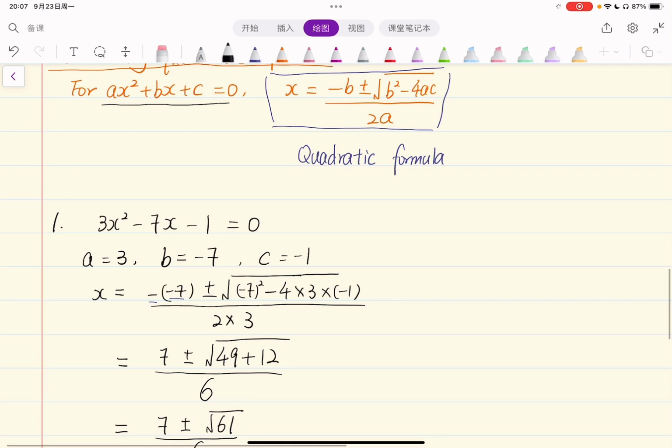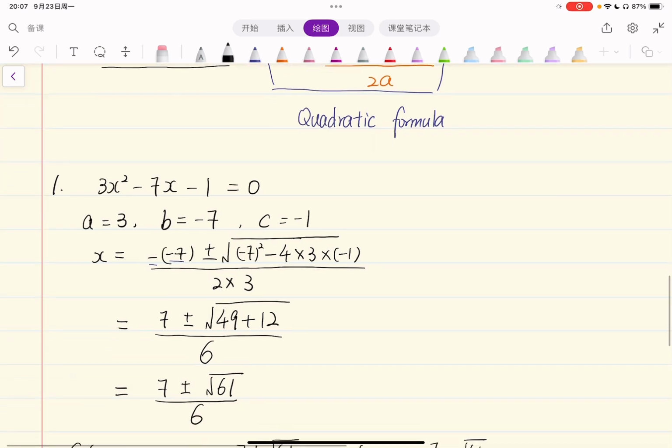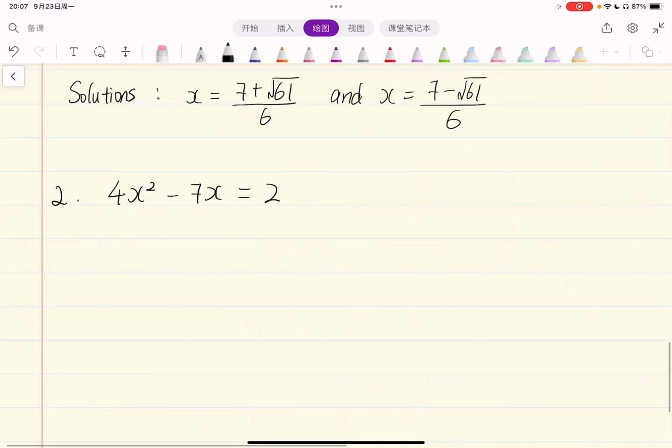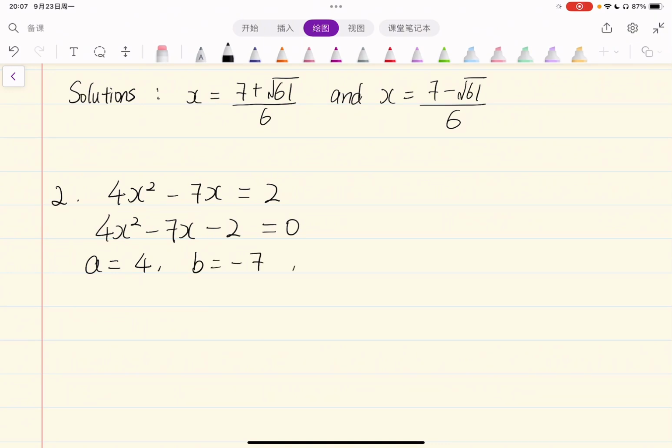So we need to move the right hand side to the left hand side. That is 4x squared minus 7x minus 2 equal to 0. Now we can see the right hand side is 0, and then we can define a, b, and c to use the quadratic formula. In here, a equal to 4, b equal to -7, and c equals to -2.